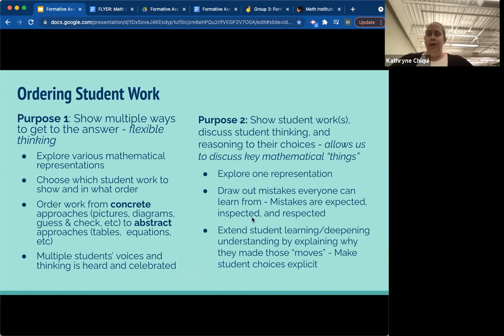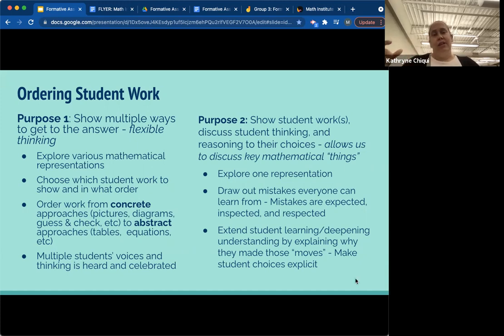So when you're showing student work, order is very, very important, and you can have 2 different purposes for showing student work. Well, there may be more, but we're just going to get into 2. The first one is that you're able to show multiple ways to get to a correct answer. This allows students to see that even if they got to the answer a different way, that way is just as okay.